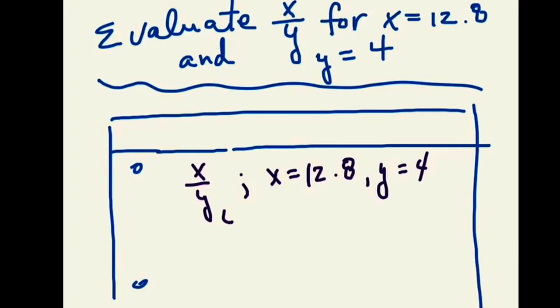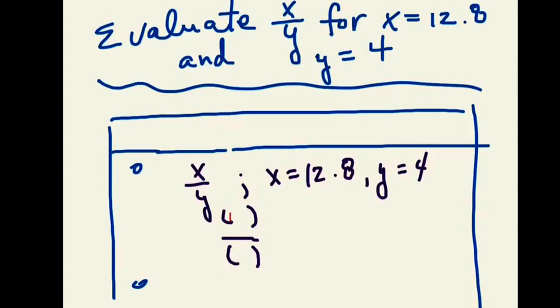So I'm going to write some parentheses right here, because we're going to substitute right here what goes in for x. Well, 12.8 goes in for x. Okay, 12.8. A little bit difficult to write on the iPad. What goes in for y?